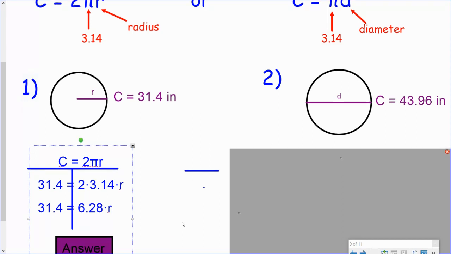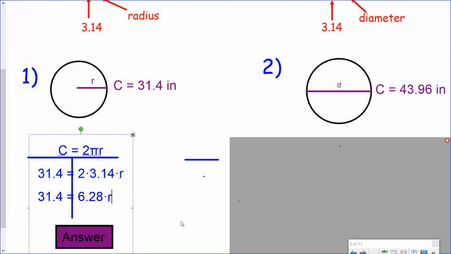So now what I want to do is solve this equation. I want to get rid of multiplying by 6 28/100. So I asked myself, what's the opposite of multiplying by 6 28/100? What's the inverse operation? That's going to be dividing. So I'm going to use a division bar here, and I'm going to divide on both sides, so it stays balanced, by 6 28/100.